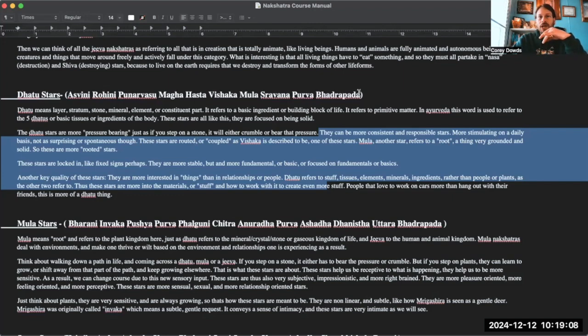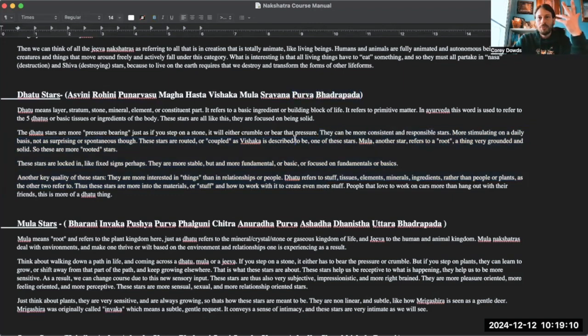So like I said, Purva Bhadrapada, the show Breaking Bad has a ton of that Purva Bhadrapada influence from the creator Vince Gilligan and also the actor that played Walter White. I forget his name right now, Bryan Cranston. They both have a ton of Purva Bhadrapada, and this show is like chemistry.